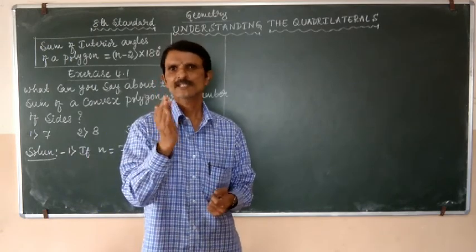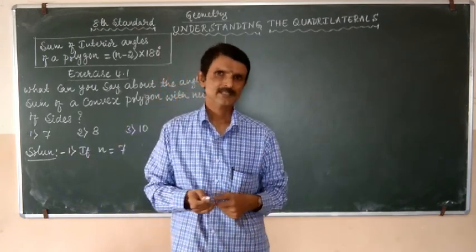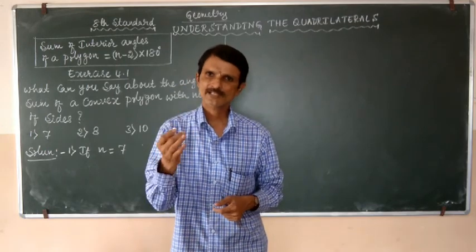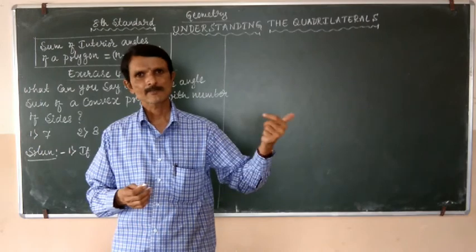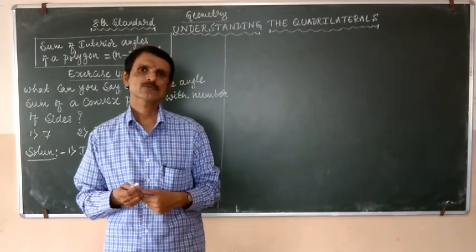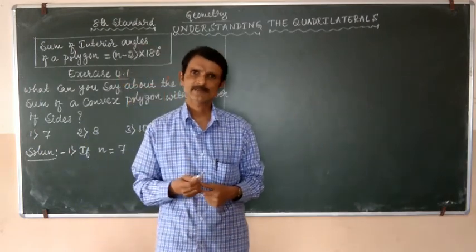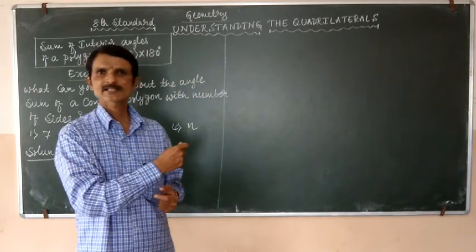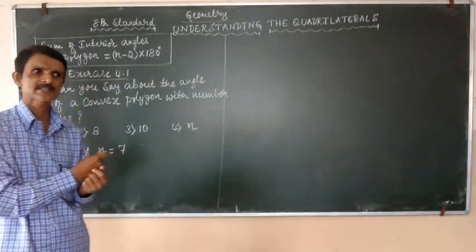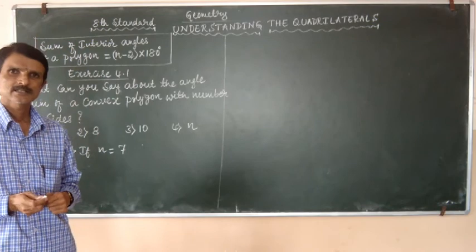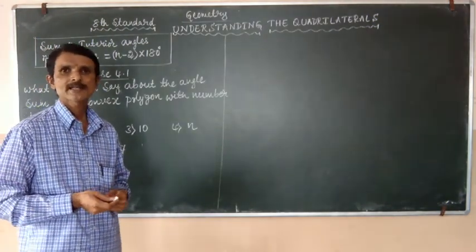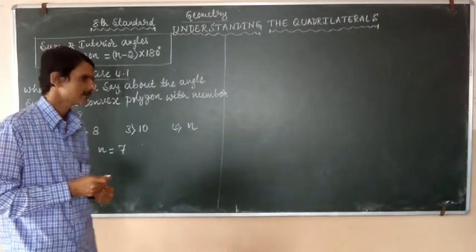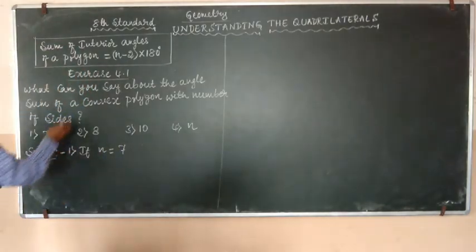If n equals 3, it is called a triangle. If the number of sides is equal to 4, it is called a quadrilateral. If the number of sides is equal to 5, it is called a pentagon. If it contains 6 sides, it is called a hexagon. If it contains 7, it is called a heptagon. So now n equals 7.